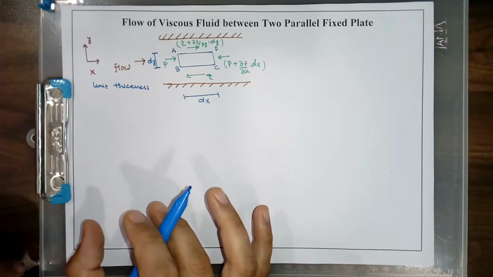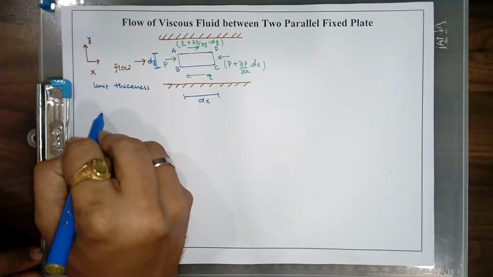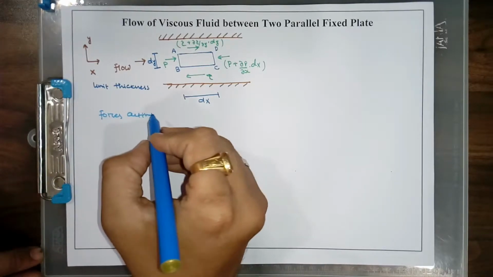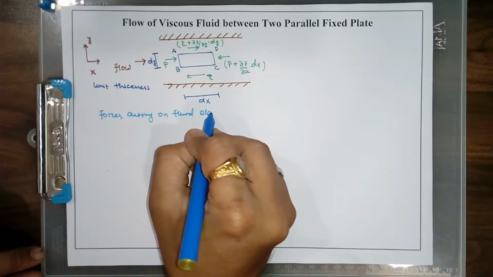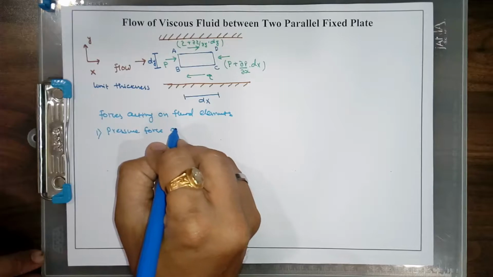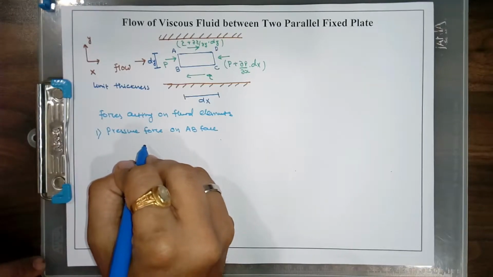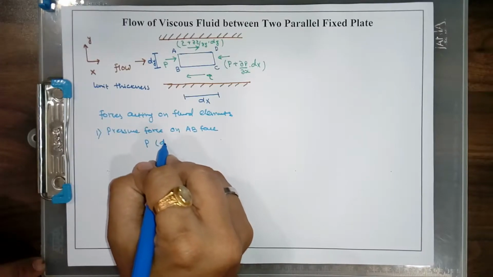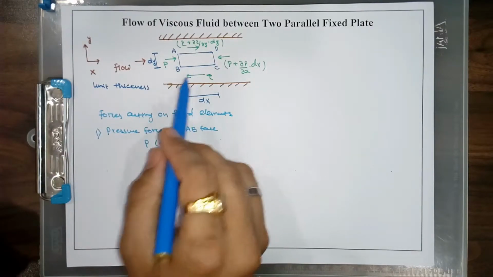Now students, we list out all the forces acting on this element ABCD. Forces acting on the fluid element: first, the pressure force acting on the AB face, which is P into the area. The area here is dy into 1, because we consider the thickness of this element ABCD as 1.